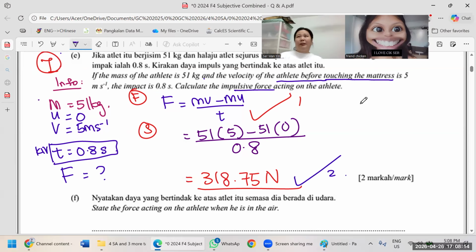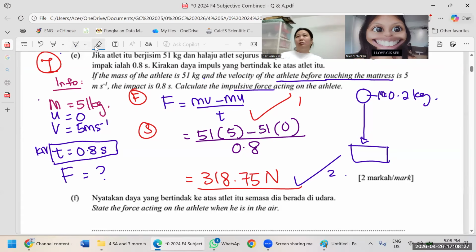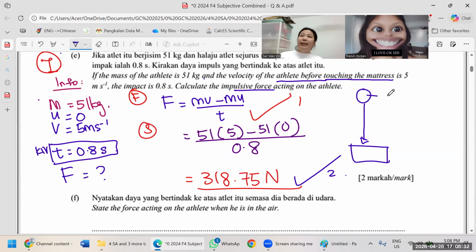How about if I say an egg drop? This egg has mass 0.2 kg. Right now, this egg mass is 200 grams. Quite heavy. The velocity just before touching the wood, V, is 5 meters per second.